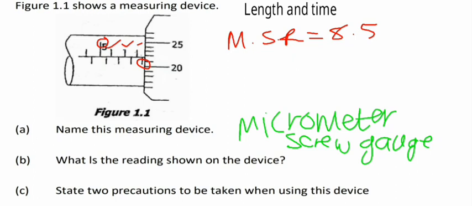Then let's come to the rotating scale. As for the rotating scale, you need to get the reading where the line from the main scale and the line from the rotating scale are colliding. In this case, the way they brought this question, the lines were not colliding, but we have this one here, which is near to the line of the main scale. So we can just take this one.